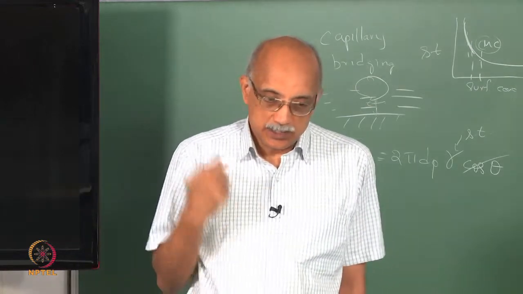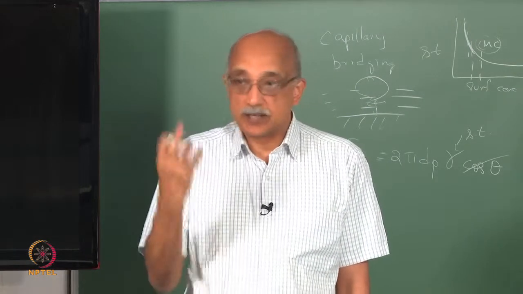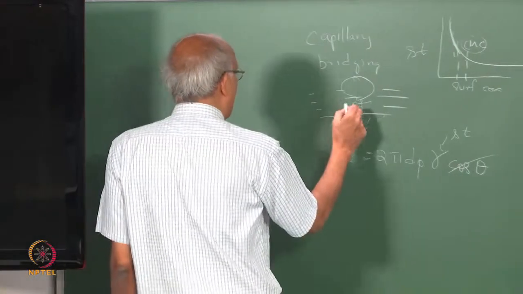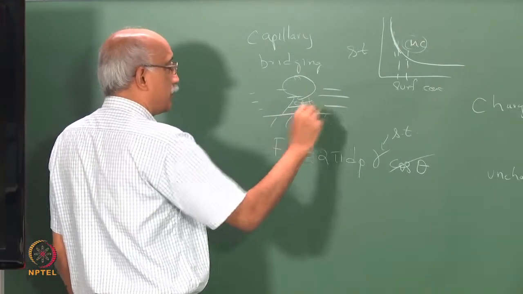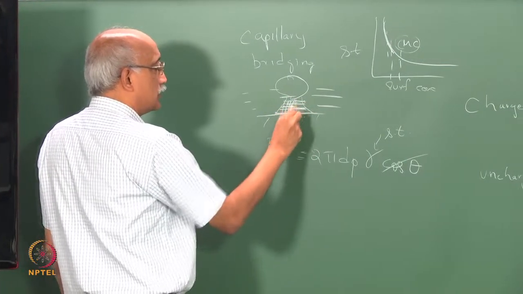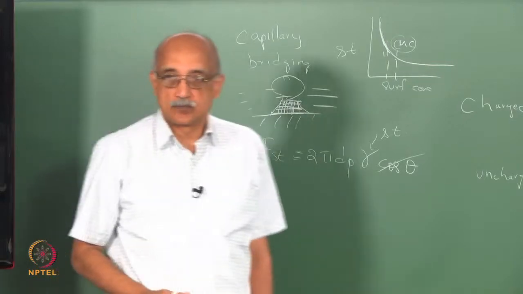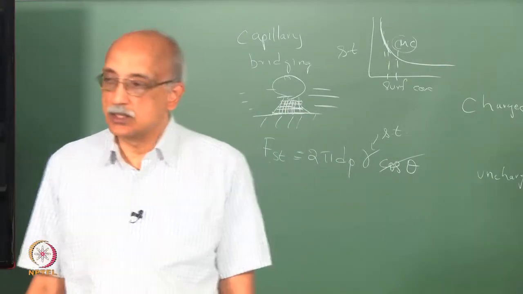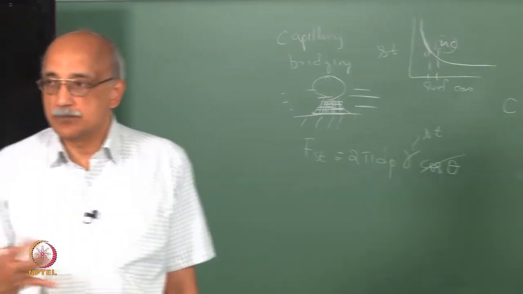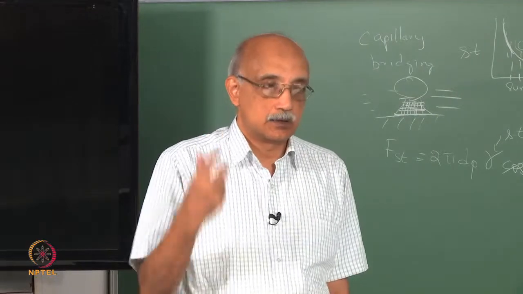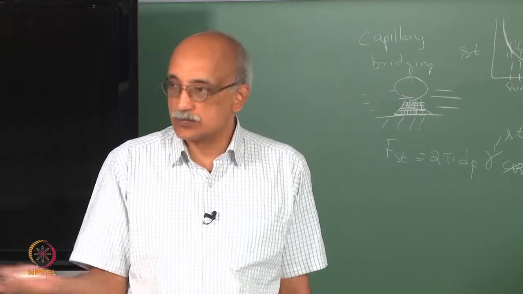However, it gets much stronger if you then dry the surface. Then this liquid bridge that is formed as a meniscus between the particle and the surface suddenly gets transformed into a solid bridge. So, it almost becomes like the other mechanism I was mentioning earlier, the physical entrapment mechanism. The particle is now physically attached to the surface.